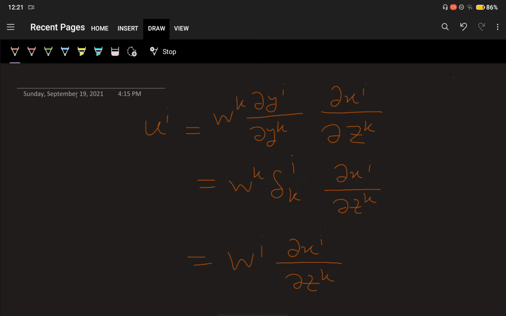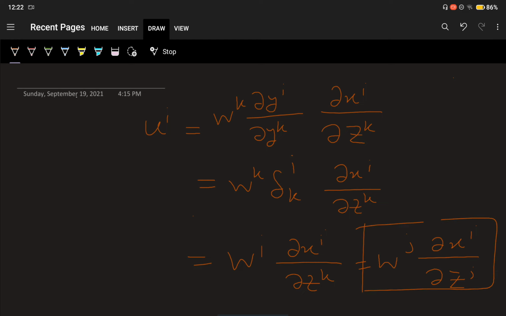For convention, the dummy indices can be written as wj, so ui equals wj del xi divided by del zj.